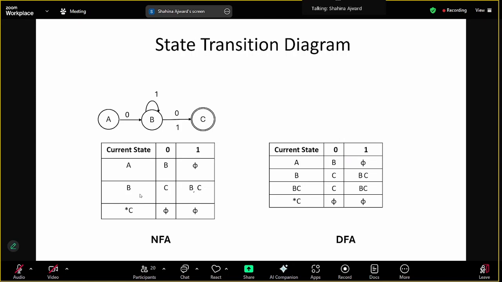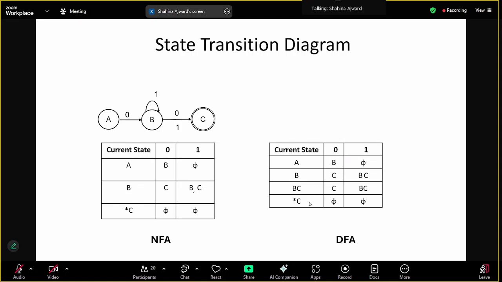We have to check C also because this is the new state BC. When the state is C and the input is 0, it goes nowhere. So finally the state is C. What BC means is you have to get the union of B and C, either B or C. Both you have to get.